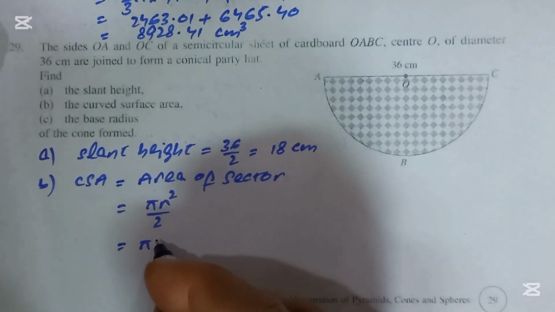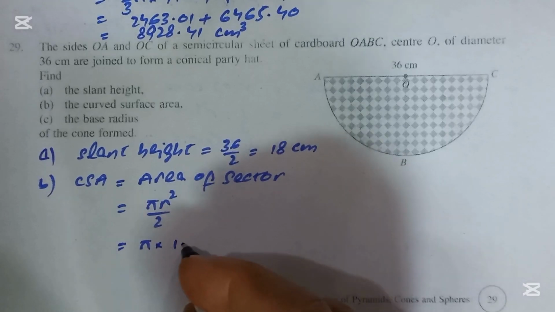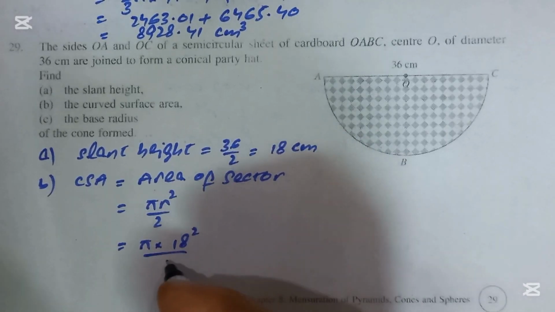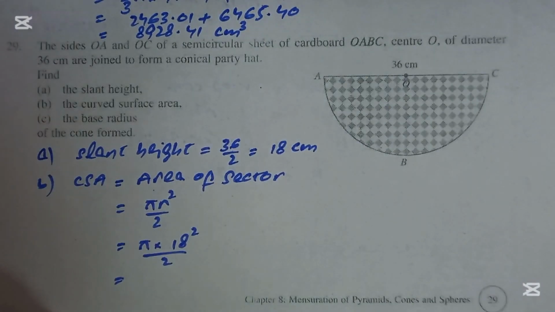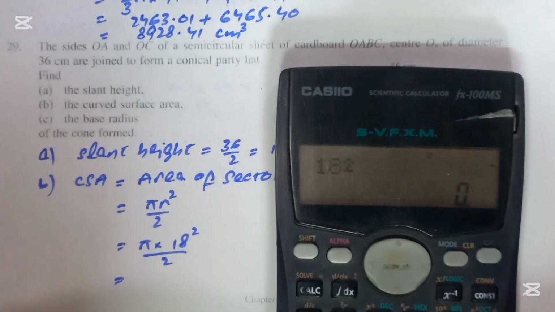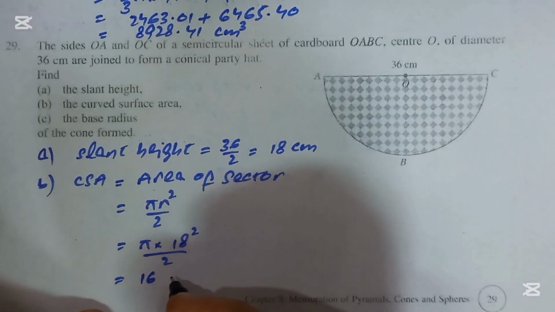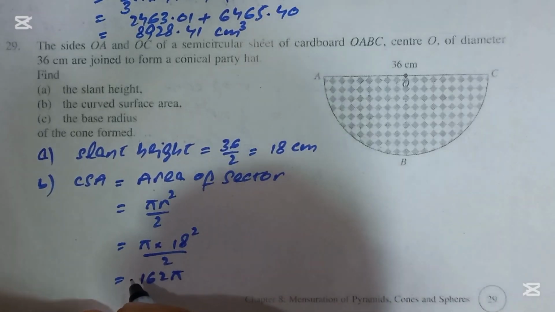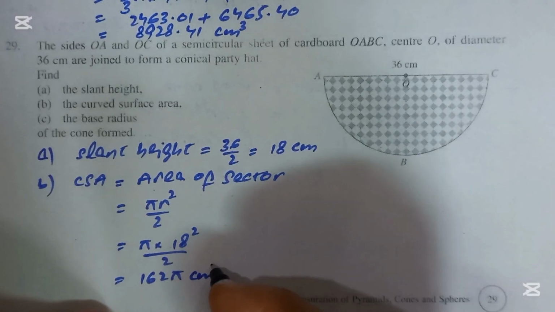Pi will remain as it is. R is 18, so 18 square. This 2 will remain as it is. Now solve it on the calculator. 18 square divided by 2. Answer is 162. And this pi will put with it. So this is the curved surface area of the cone. Unit will be centimeter square.